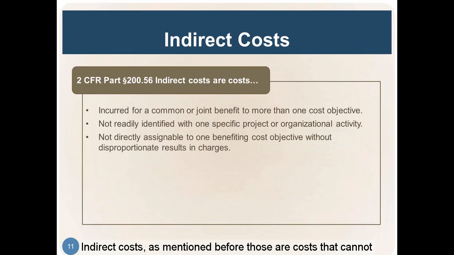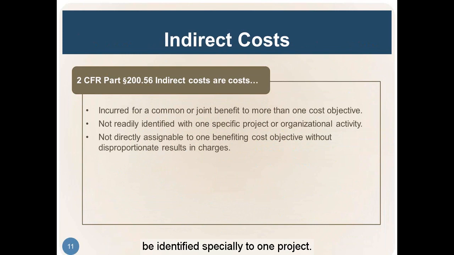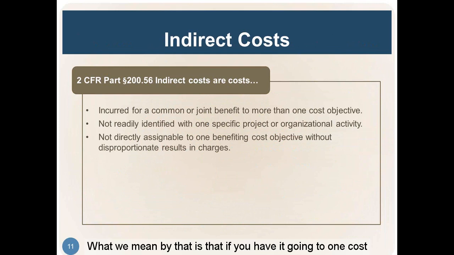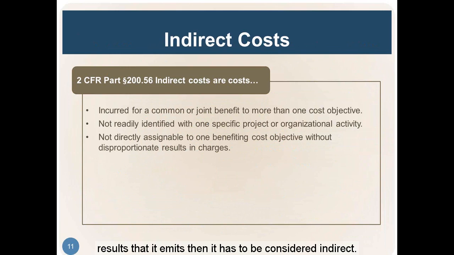Indirect costs, as mentioned before, are costs that cannot be identified specifically to one project. They're not assignable to one benefiting cost objective. What we mean by that is if a cost goes to one cost objective but is disproportionate in the results it yields, then it has to be considered indirect.